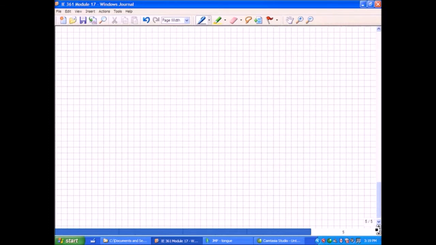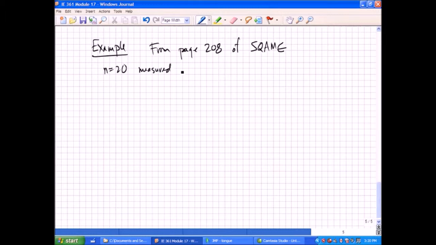So for example, there is a data set in the textbook on page 208 that is 20 measured thicknesses of some tongue pieces on some machine levers.